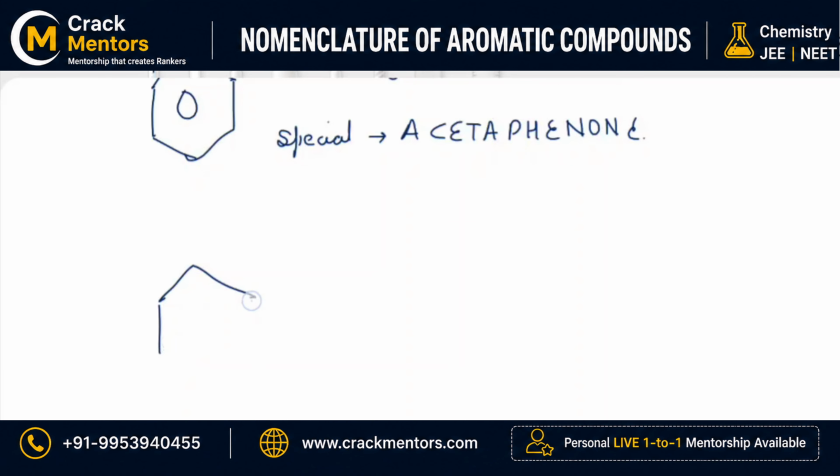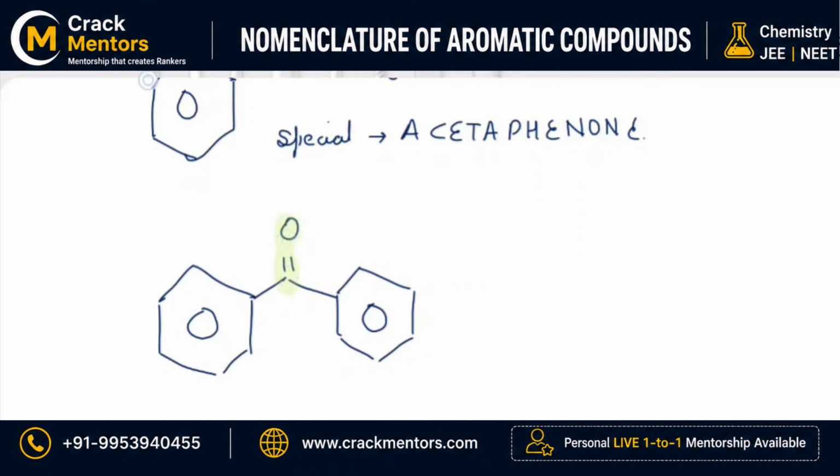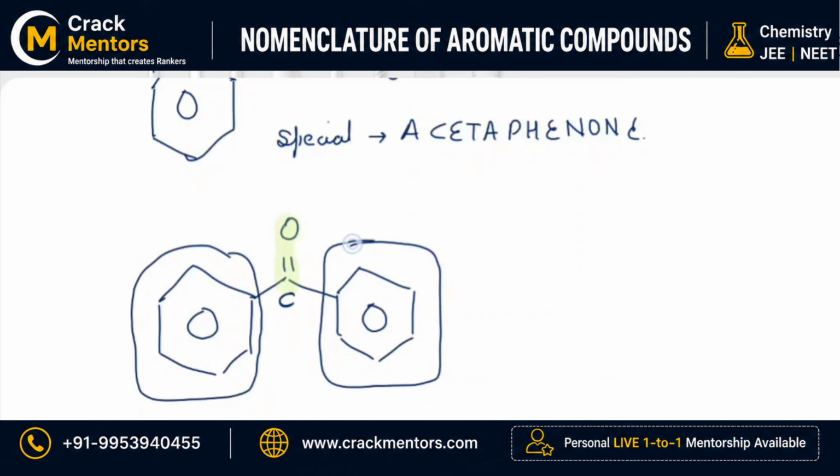The next example for you is this. Now you tell me the name for this compound. Here, first of all, this C double bond O is there and it is the functional group. This ring is considered as a substituent.